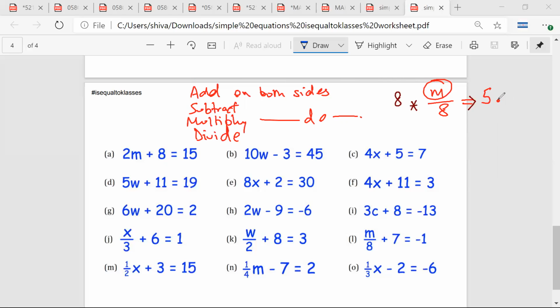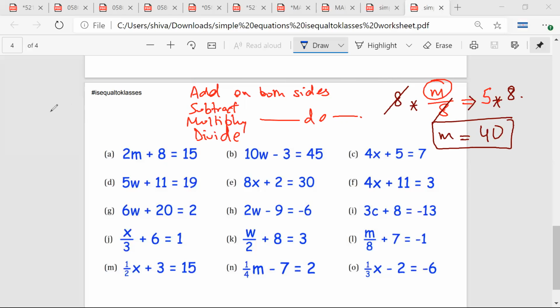You will multiply 8 on both sides. Shabash. Have you understood? Yes, sir. Why will you multiply 8 on both sides? So we can cancel the 8 below, so it will be easy. Have you understood? Yes, sir.